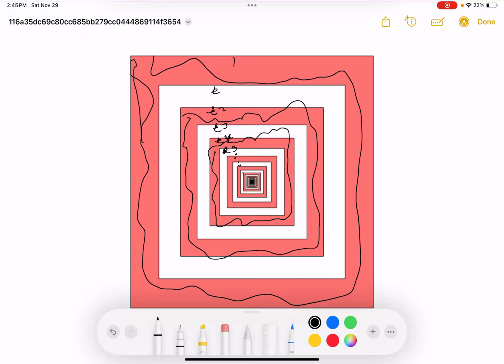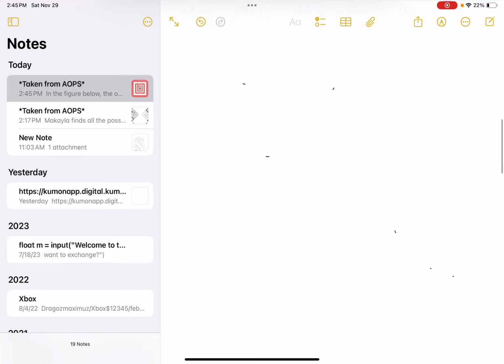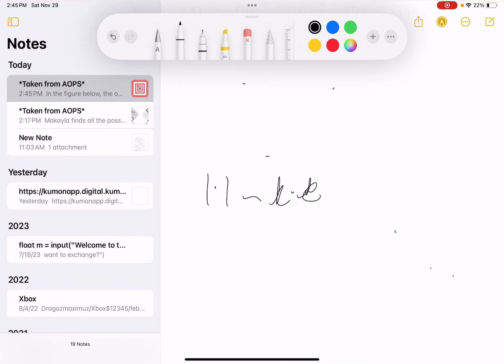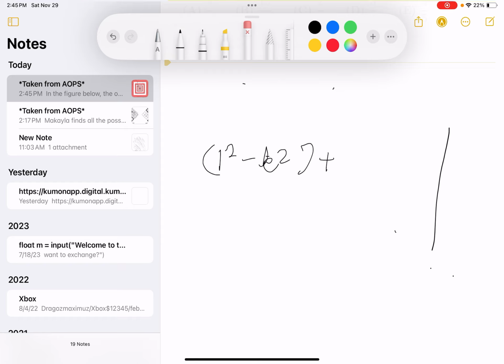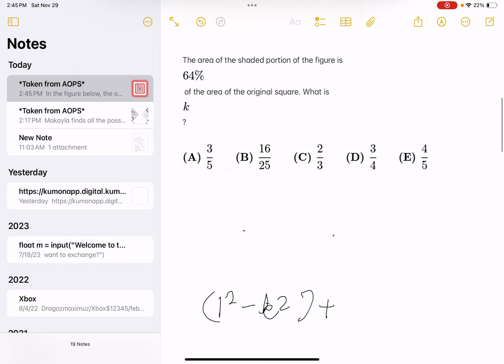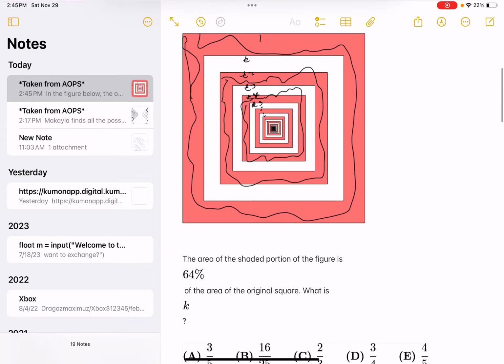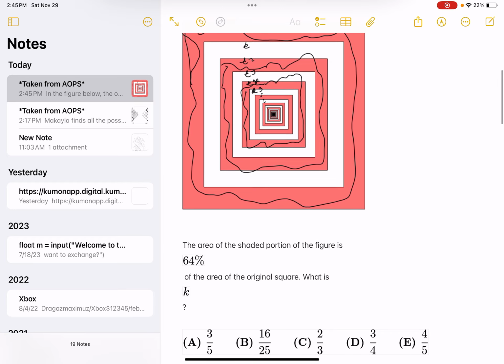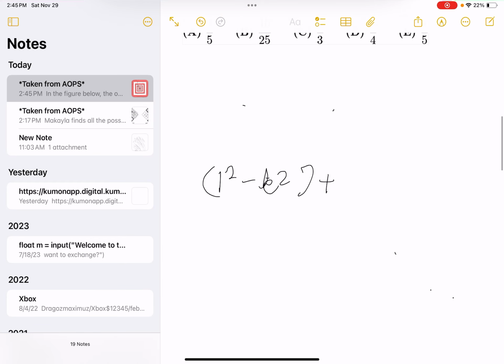So let's apply that. We have 1 times 1 minus k times k. Let me make it look better. So we have 1 squared minus k squared. Next, we will have k squared times k squared minus k cubed times k cubed.